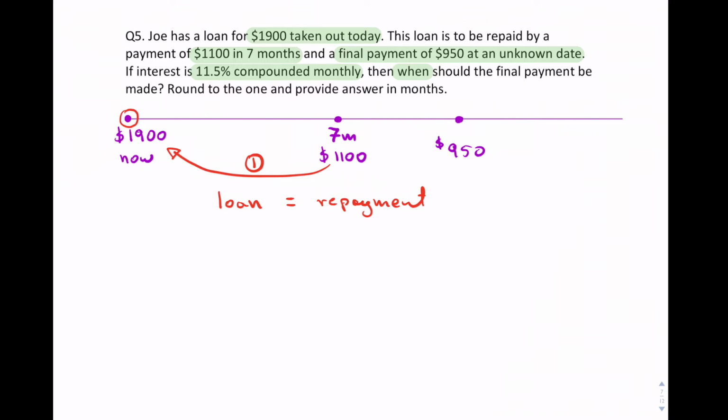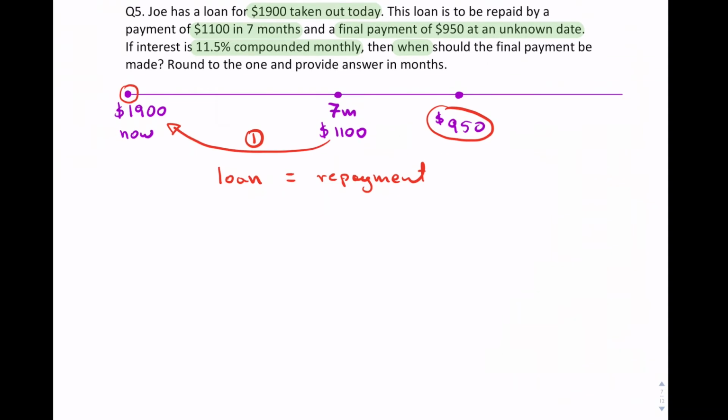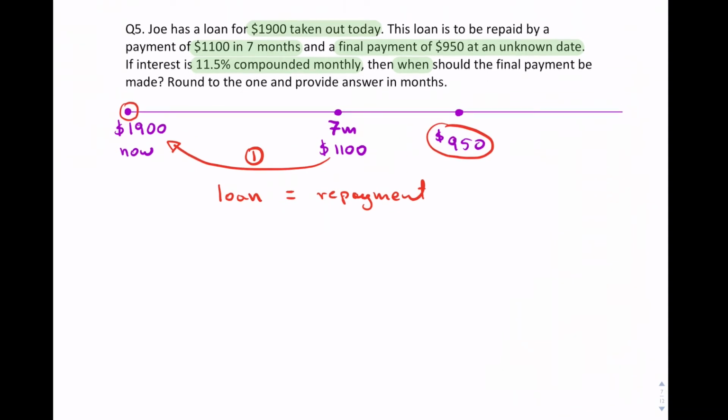Because I don't know when the 950 is, I'm going to leave it alone for the moment. Let me bring the 1100 back. My loan is 1900 minus my repayment, the 1100 brought back. That's what we have to do first.